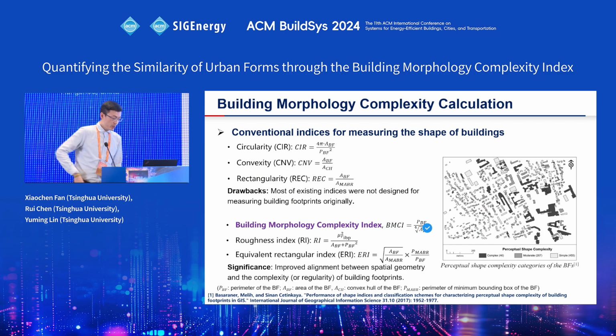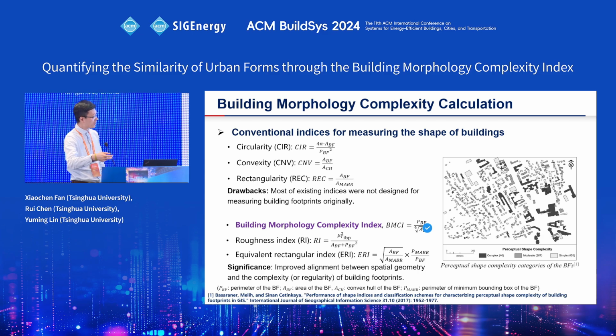So regarding the building morphology complexity calculation, we refer to some existing research literature and examine each of these indexes in the target city. And we compare their ability to represent building footprints' morphological complexity. And ultimately, we choose and adopt the building morphology complexity index as a key.